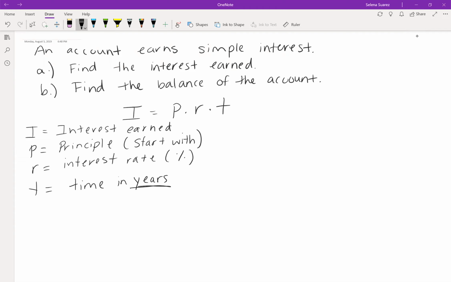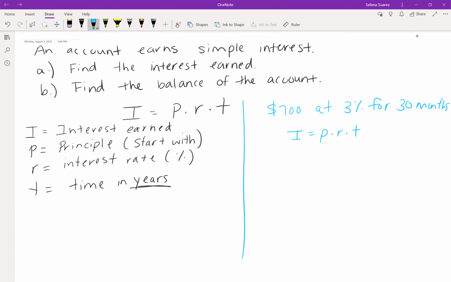So in the first example, the example says $700 at 3% for 30 months. Okay, so I'm going to start plugging these numbers into the formula.